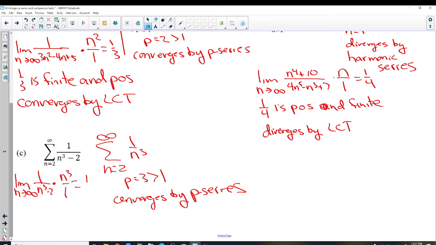Now that's equal to 1. 1 is finite and positive, so they converge together. Converges by limit comparison test.